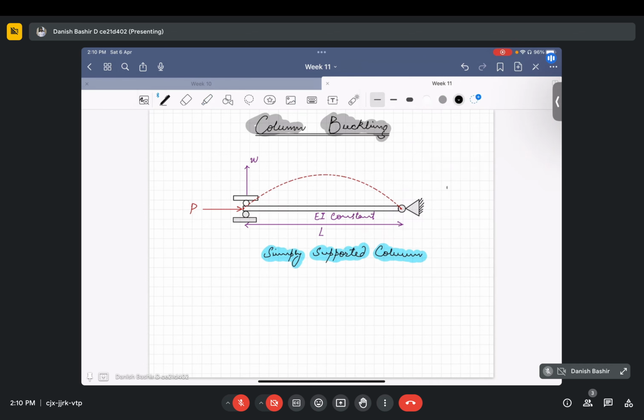Let me write the governing differential equation for the problem, which is of fourth order and can be stated as follows.